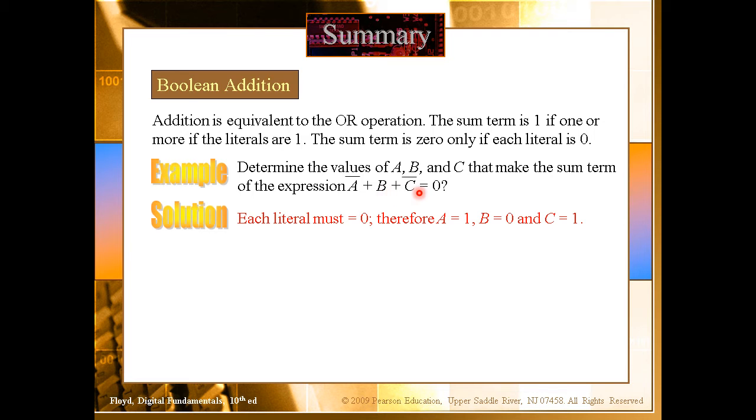And c prime is also 0, which means c equals 1. If the prime of anything is 0, remember the first slide, the variable and its prime are complements of each other. So from here we can directly guess that a is 1, b equals 0, and c equals 1. And this is the only combination of a, b, and c which will make this expression 0. There is no way you can make it 0 except this combination, because everything else will make it 1.